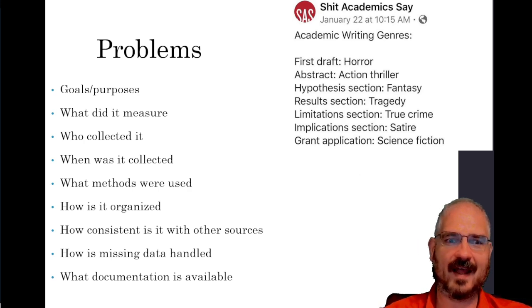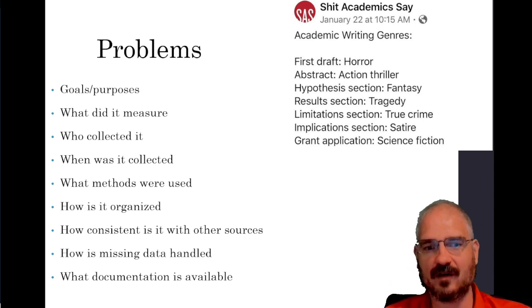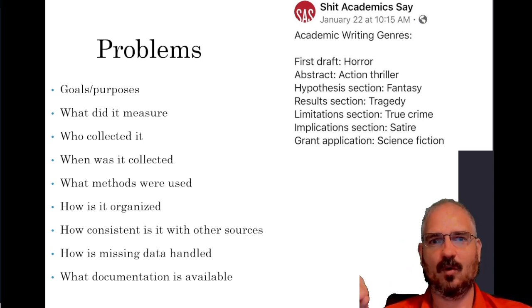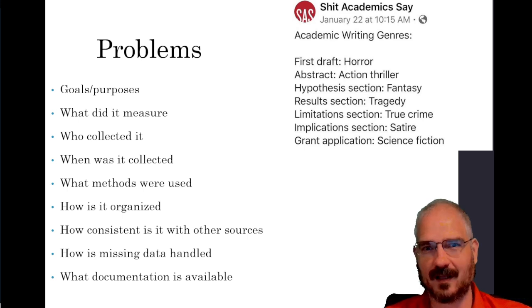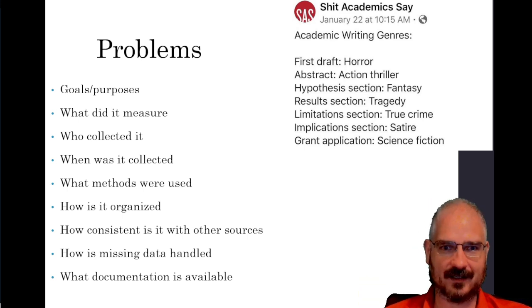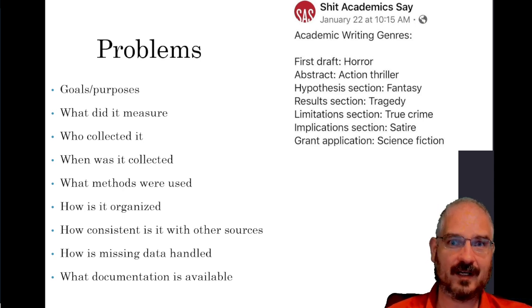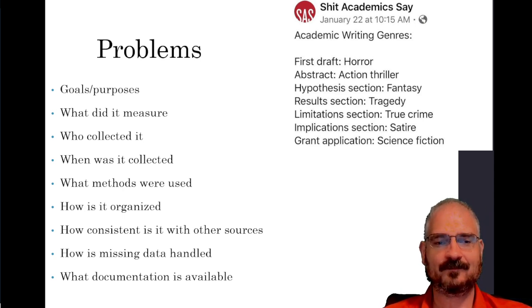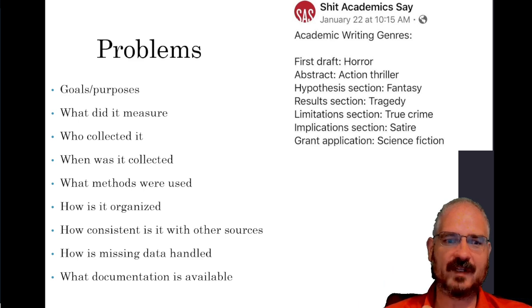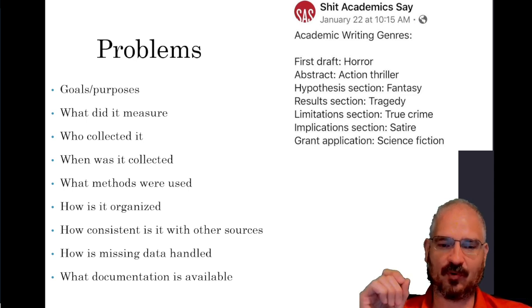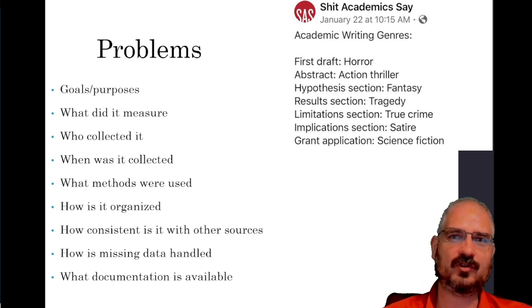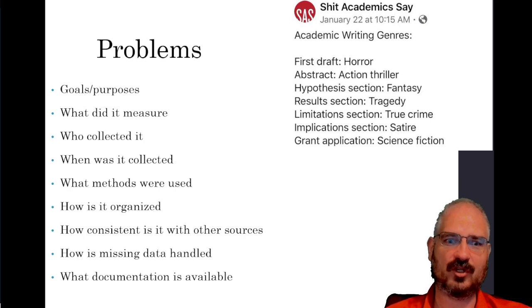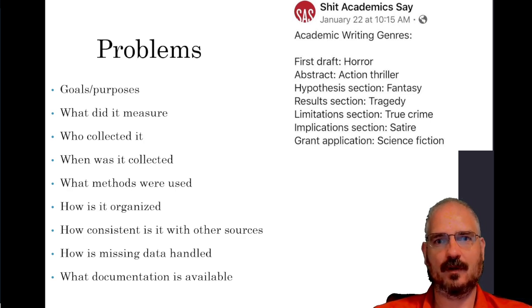It might have had a different purpose to it. And all of that can affect what data was collected, what data wasn't collected, how data is coded in the particular thing, right? So all of these issues listed on this slide can introduce problems into you trying to do your analysis of this data that somebody else gathered, right?